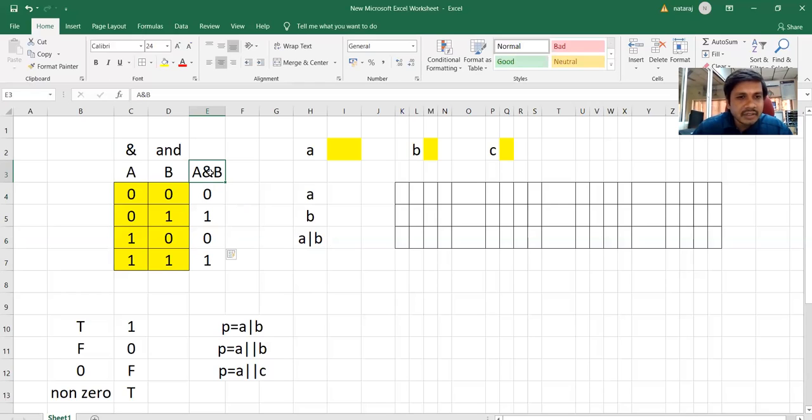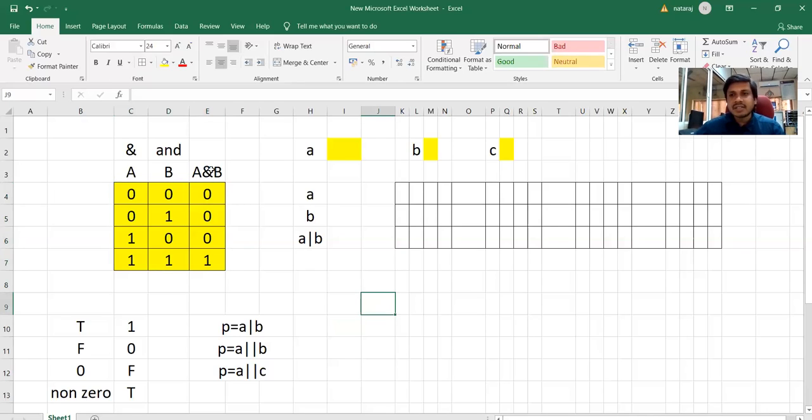This is the truth table for the AND operation, the bitwise AND operation.